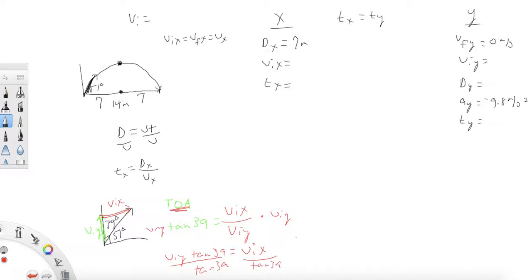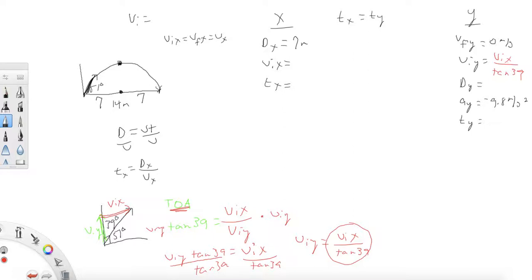So then I'm going to end up with my initial velocity in the y direction is equal to my initial velocity in the x direction divided by tangent of 39. So this is what I'm going to put in place for VIY up here. So I'm going to say VIX divided by tangent 39. Now, even though I don't technically know what it is, I know this expression gives me the value for it.